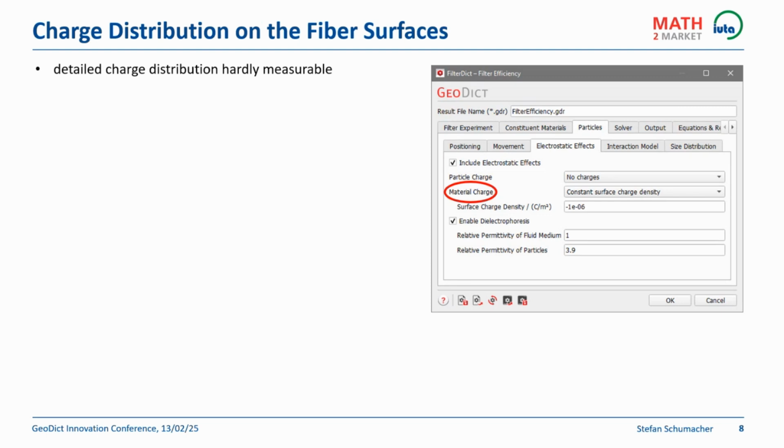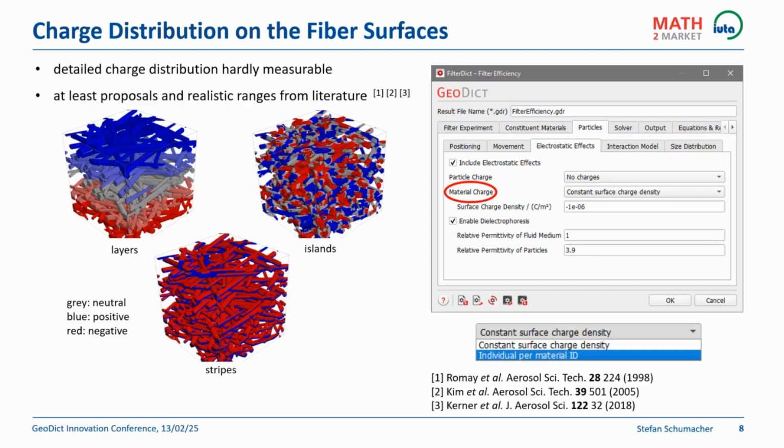The next thing is the charge of the fibers, and that's a rather complicated topic because there is actually no easy method to measure the charge on the fibers. So which level of surface charge density do I have? How is the charge distributed? But if you look at the literature, there are at least different approaches how it could look. Depending on your filter medium, it could be charged in different layers.